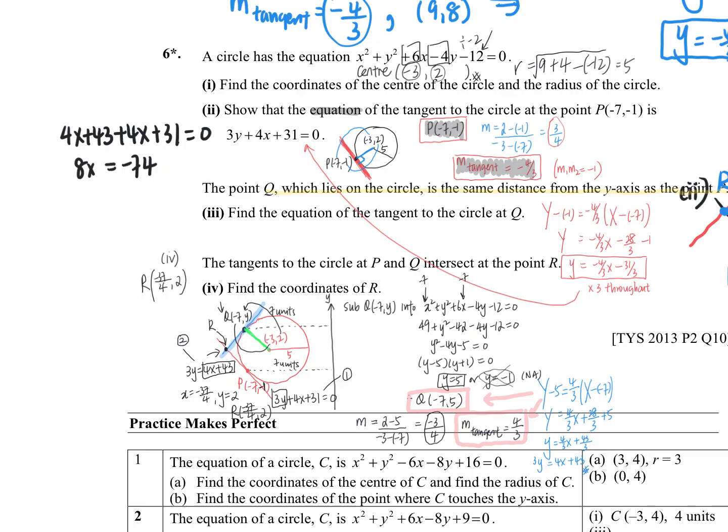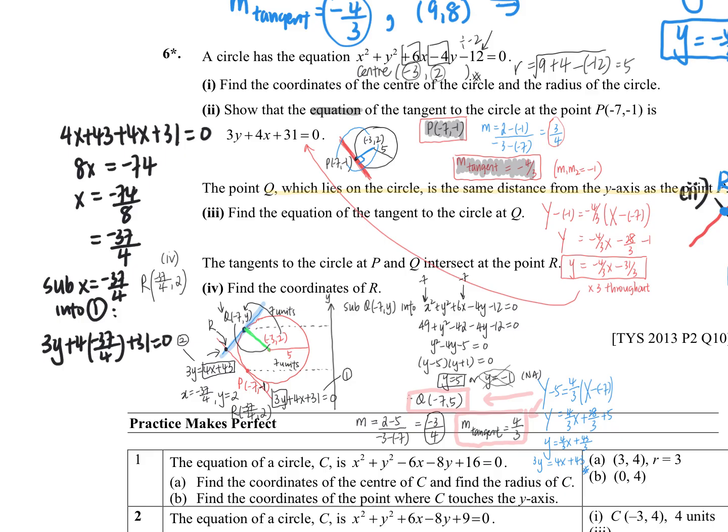Oh, because it's minus 2. Correct. x is minus 74 divided by 8. So you get this, right? Then you sub x as this into equation 1, for example. So 3y plus 4 times this plus 31 is 0. So this one is minus 6. So 3y is 6, y is 2.